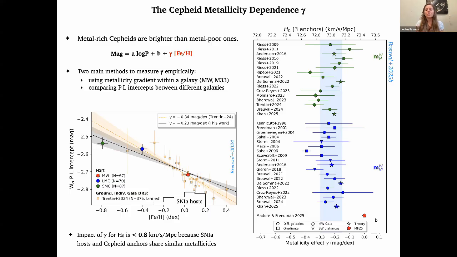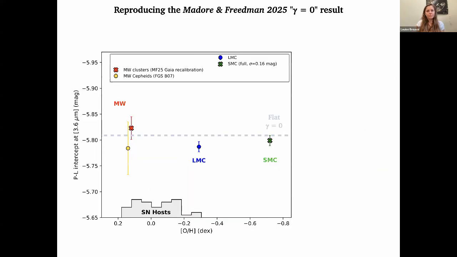So in order to understand where it comes from, we have reanalyzed the data and the method. So basically what they do is they get this flat gamma. They use also Milky Way, LMC, and SMC. In the Milky Way, they use a sample of cluster Cepheids, just like I mentioned before.